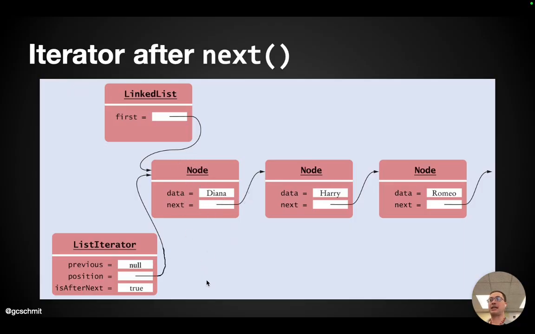And the way we keep track of our position is position will be a reference to this first node. So position refers to the node that we have just iterated over. It refers to the node whose data we just returned by calling next. Okay.